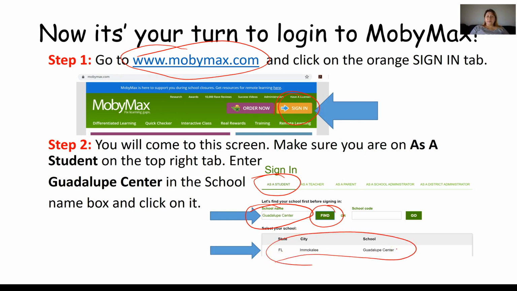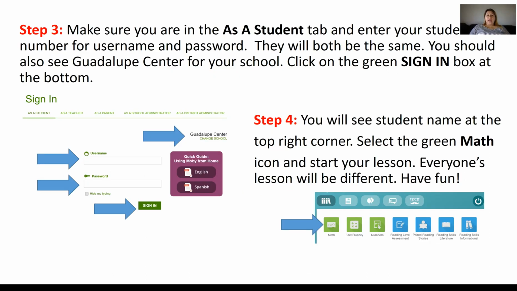Click on that. Okay? So make sure that you are in as a student again. Okay? And you are going to put your username right here and your password. They will both be the same. That is your student number or your lunch number, okay, for both the top and the bottom.